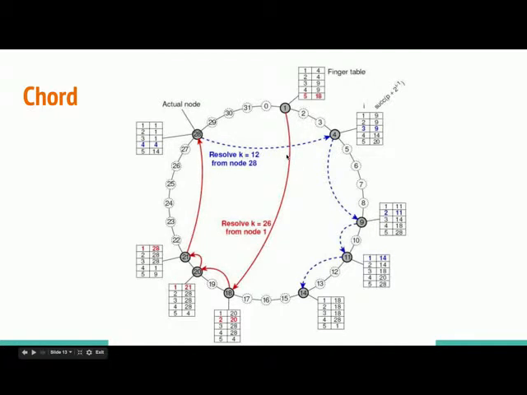Get that? So here, the first example is this red line. People come to node 1 and ask who has data 26.